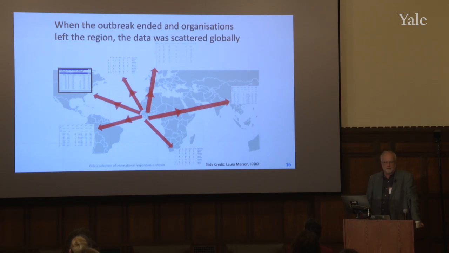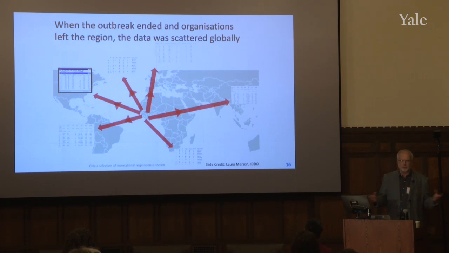All the data that were collected and associated with understanding and treating the outbreak went back to those individual respective organizations. And we now have immense difficulties in accessing the data or even discovering it. Secondly, because all these different agencies had their own idiosyncratic approaches for managing the data, they were all captured in different forms.